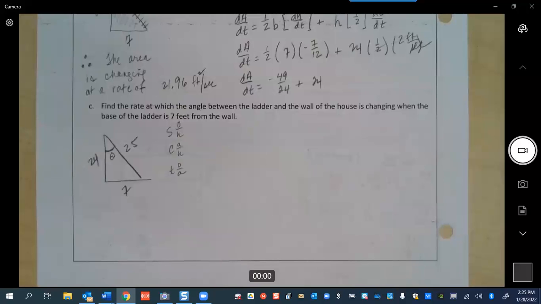Okay. Find the rate at which the angle... What do I know? Which trig relationship am I talking about here? You can use whichever one you want, because you're not missing any of the data, right? So you got to pick one.